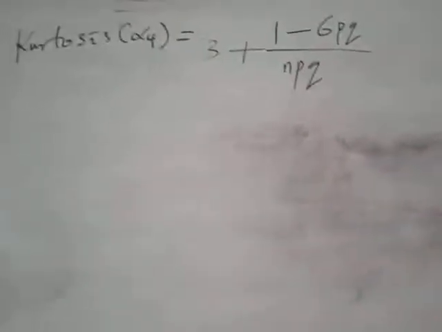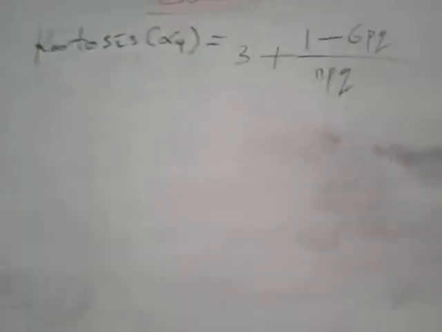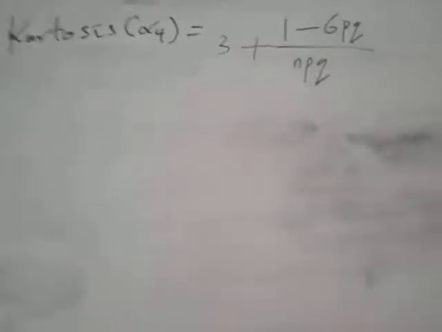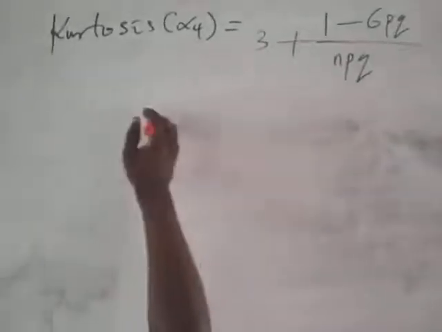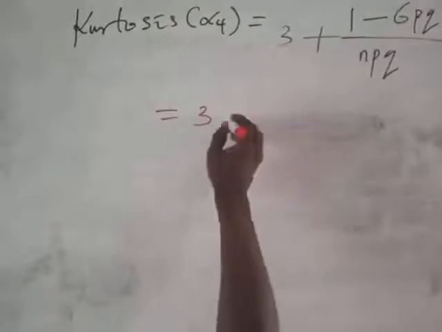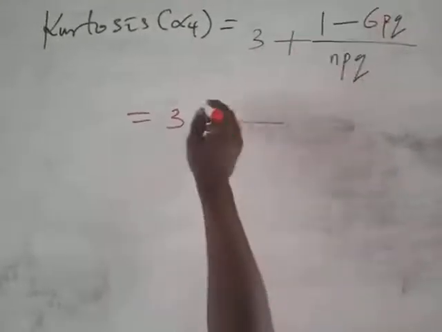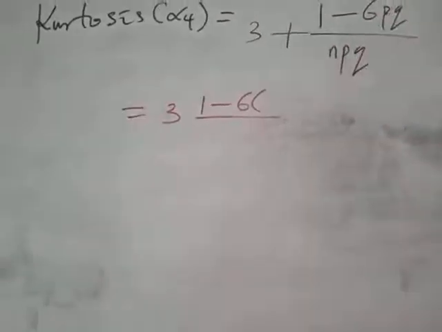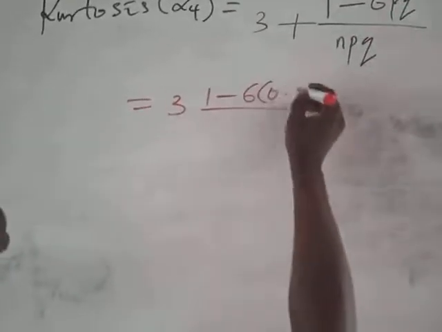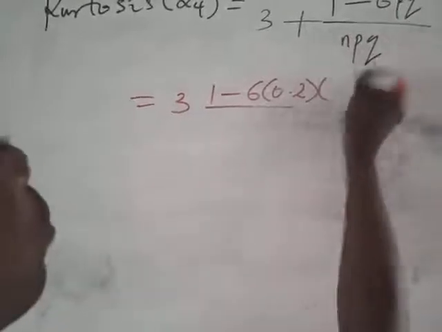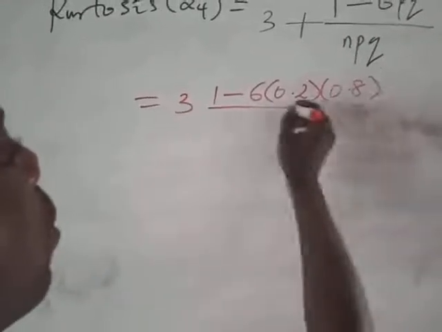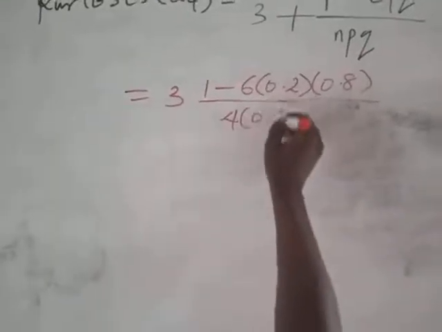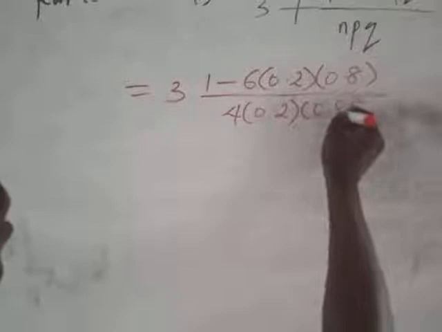So this is the formula for calculating the moment coefficient of kurtosis. So let's substitute this. This one will be 3 plus 1 minus 6 times p, our p is 0.2, times q, 0.8, all over 4 times p 0.2 times q 0.8.